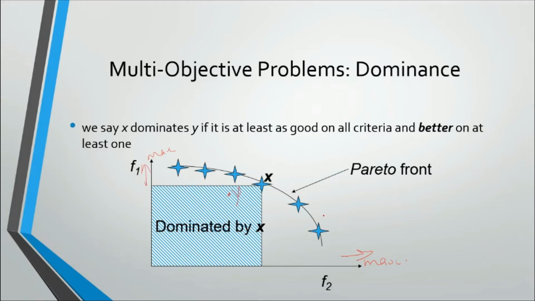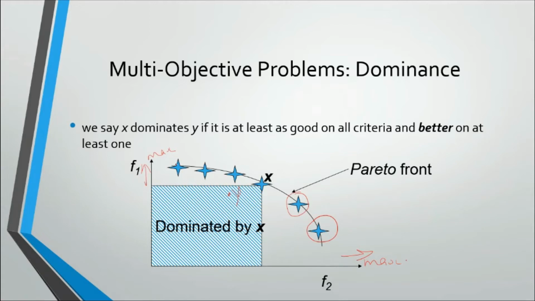So a solution like this is maximum in the case of f2, but it is minimum in the case of f1. And here is a solution that is somewhat maximum in f2, and somewhat better than the previous solution in the case of f1.